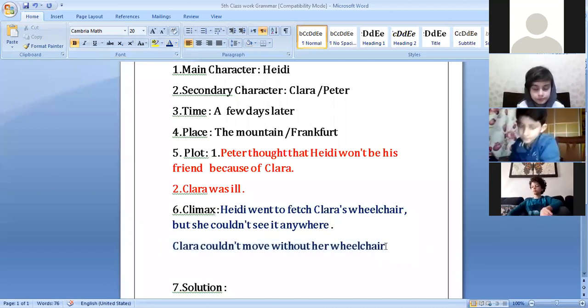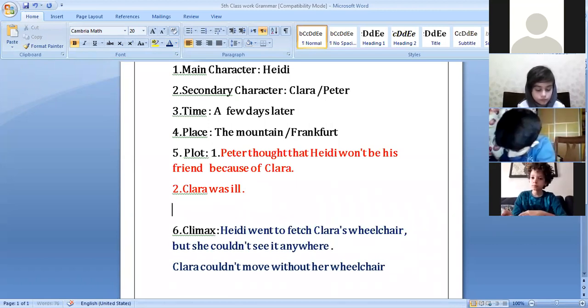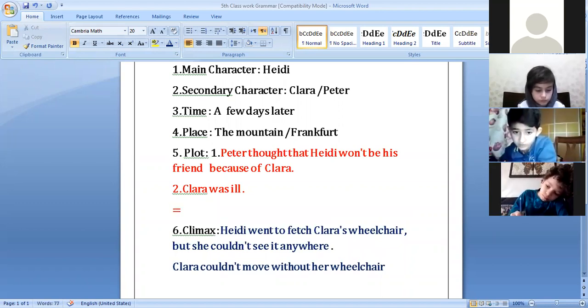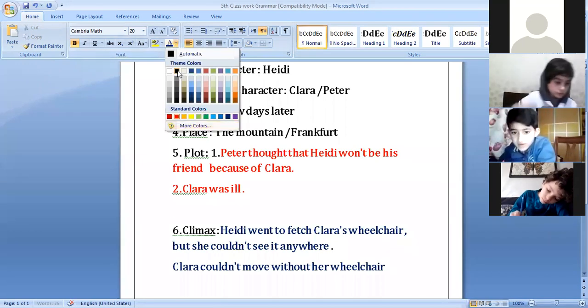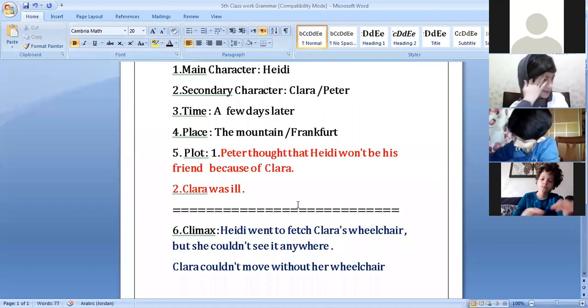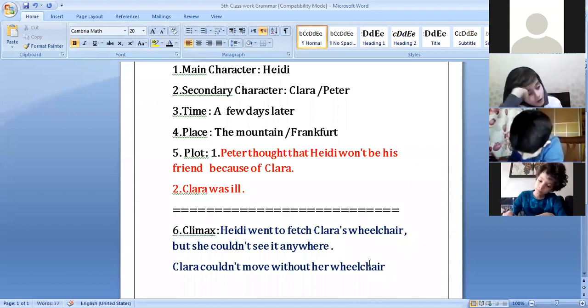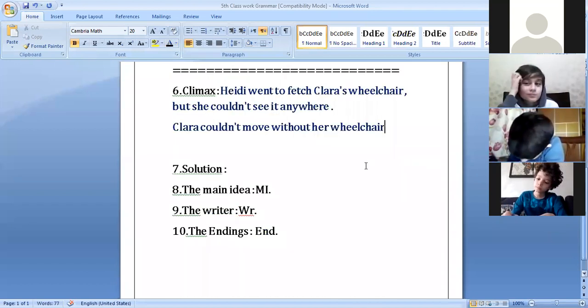Clara couldn't move without her wheelchair. Let me clarify it like this, so we finish the climax so that nobody gets confused. So this is for climax. Now solution.